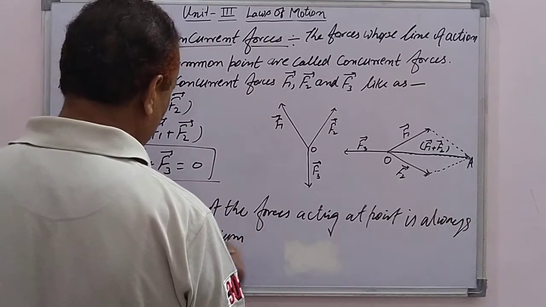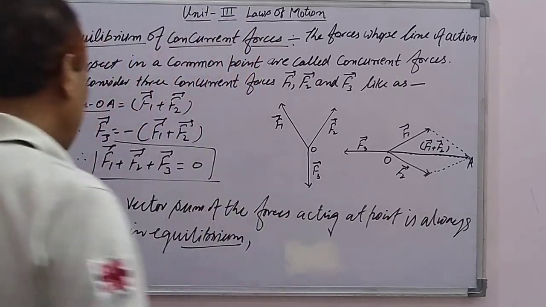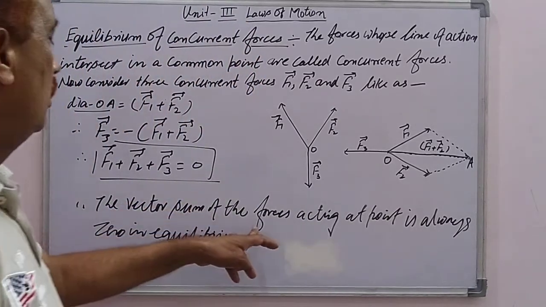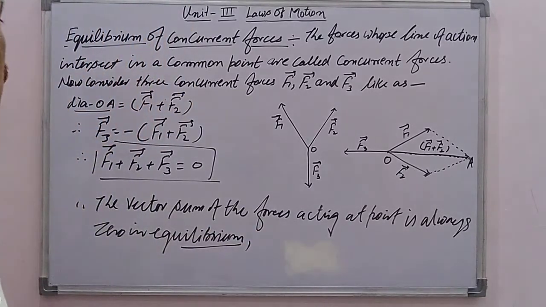So this is the statement: the vector sum of the forces acting at a point is always 0 in equilibrium.